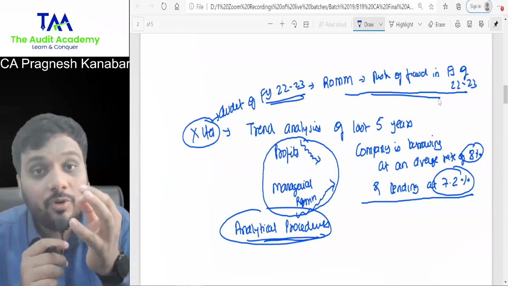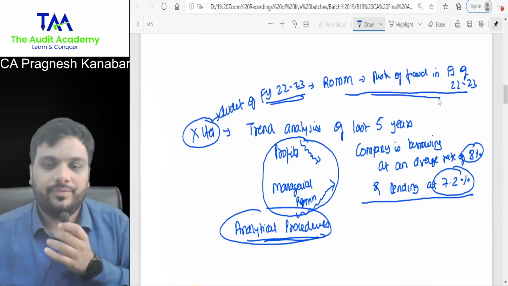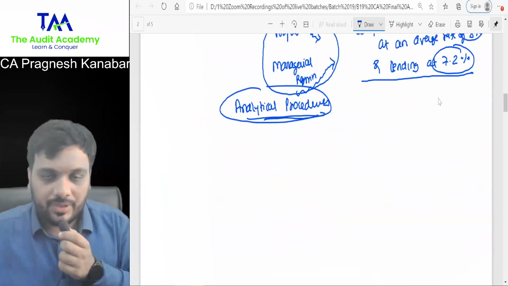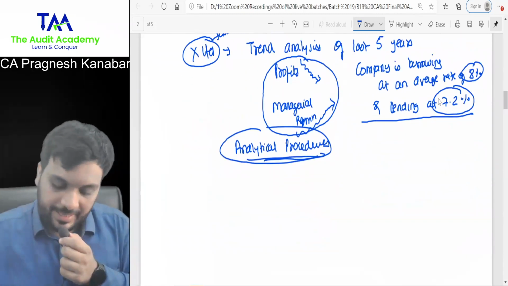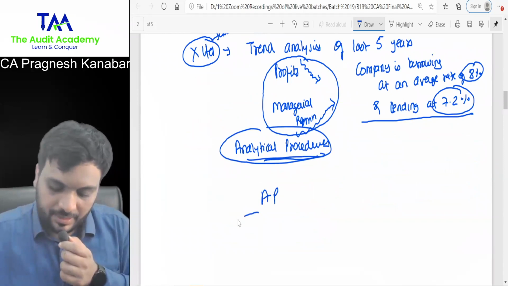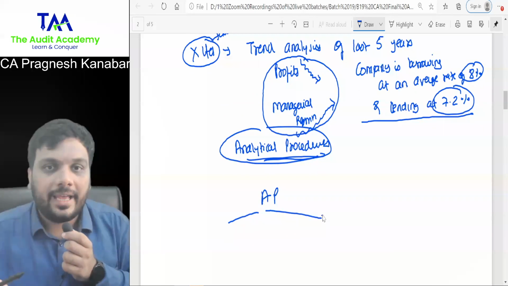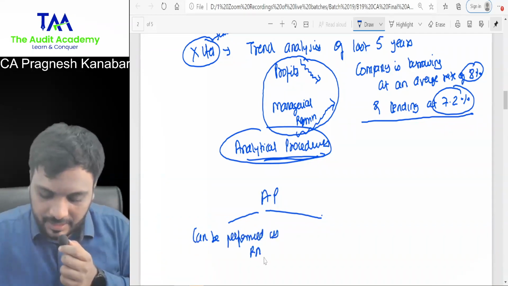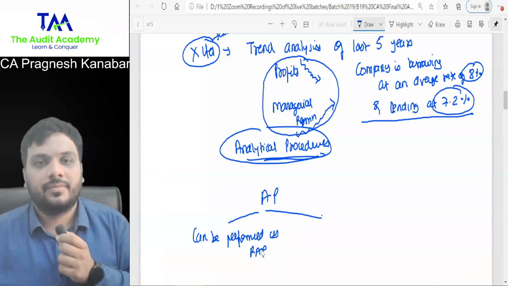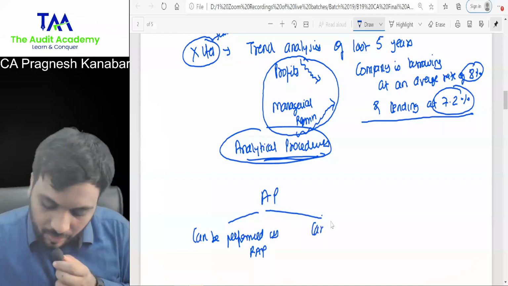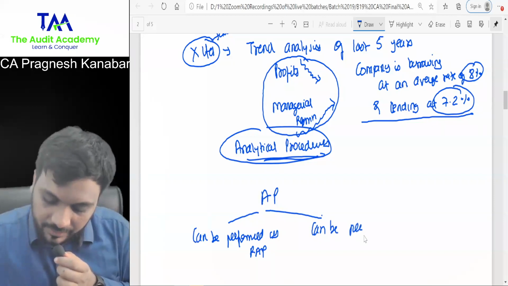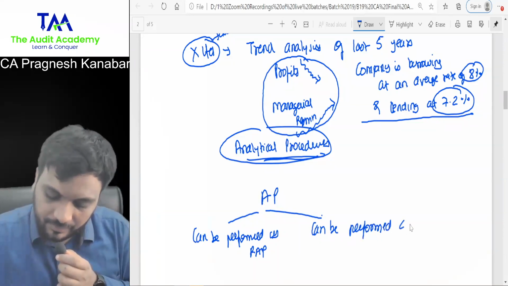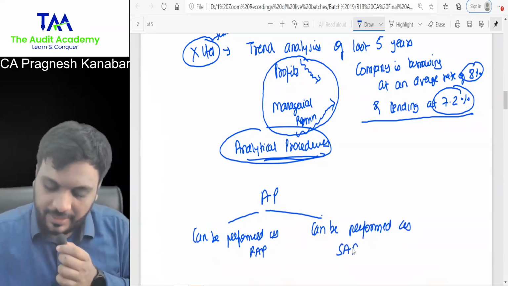So now I'm going to teach you a very important point. Analytical procedures can be performed as a risk assessment procedure, and analytical procedures can also be performed as substantive analytical procedures.